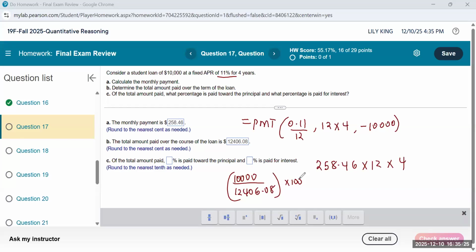Leaving that to the nearest tenth, this is 80.6. And since we know one, we can find the other one by subtracting from 100. So the percentage paid towards the interest, we subtract 80.6 from 100. This is 19.4.